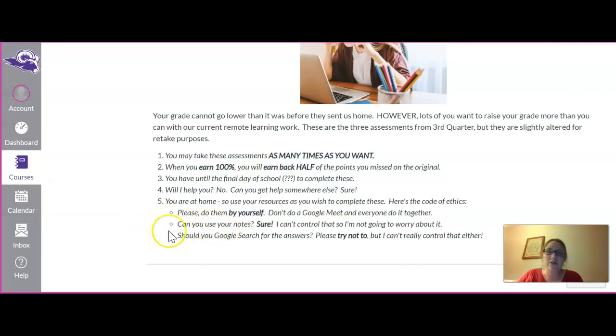Can you use your notes? Sure. Treat all of these like open note tests. I can't control what papers you have out in front of you, so I would encourage you to take advantage of that if you want. Should you Google search for your answers? Please try not to, but I can't really control that either. Physics has a lot of right answers, right? We're using Newton's laws, Coulomb's laws. There are ways that these things work.